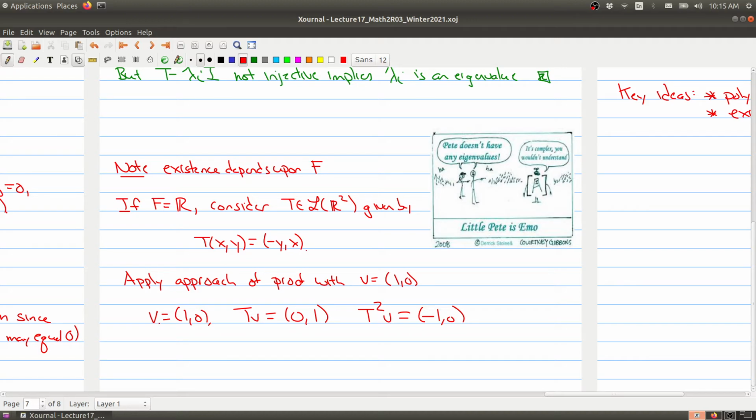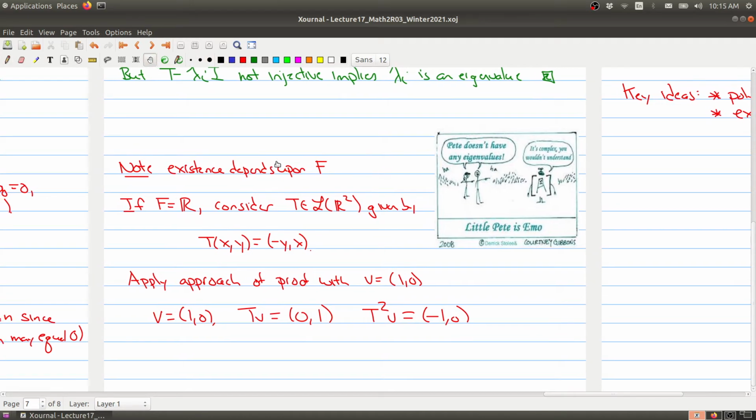Okay, so we have 3 vectors inside of R^2, so they're linearly dependent, but it turns out in this case that the linear relation is 1 times the vector v plus 1 times T squared v is equal to 0. So this would give us the polynomial p(z) = 1 + z^2.